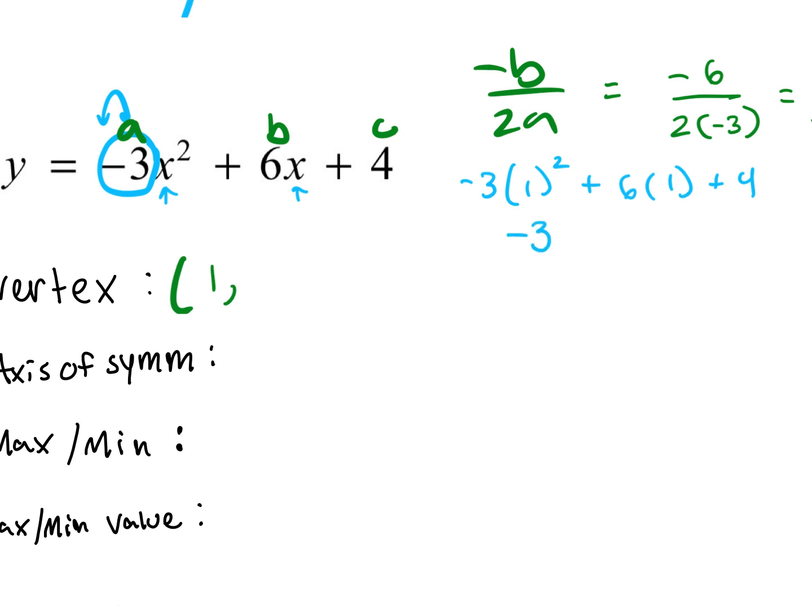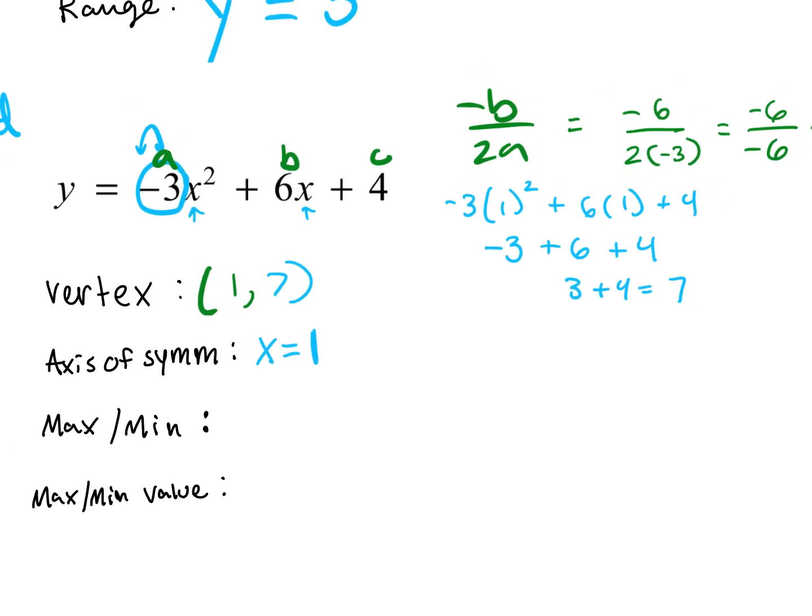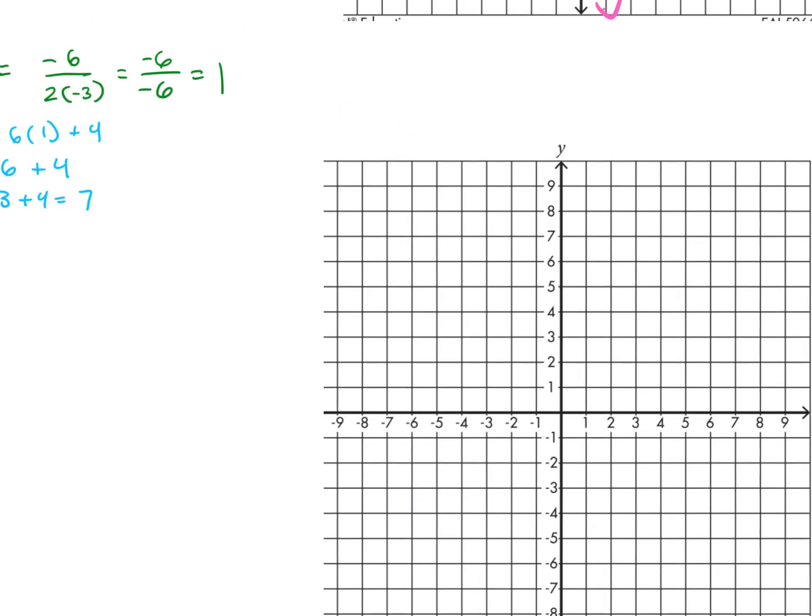Negative 3. 6 times 1? 6. So negative 3 plus 6, and 3 plus 4? 7. So what is 7? The y in our vertex. Awesome. What's our axis of symmetry? x equals 1. Don't forget the x equals. So let's go to our graph. We're going to go to the right one and up 7 and put our axis of symmetry right through it.